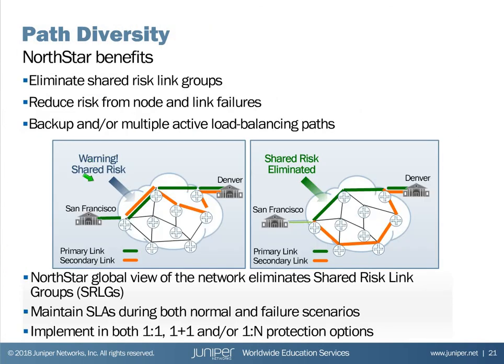Since it has a big picture view of the network, my customer requires the ultimate in redundancy. They need redundant circuits between San Francisco and Denver, and they can't cross the same physical fiber link. They can't cross the same node. Since the NorthStar controller knows all of the links and all of the nodes, it can compute redundant label switch paths and then signal them into the network that meet the customer requirements, right?